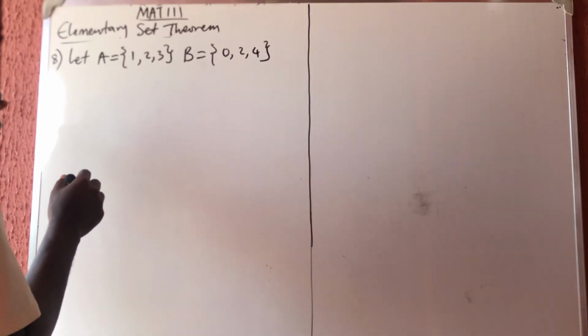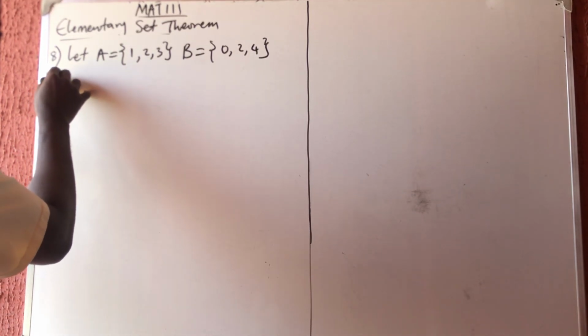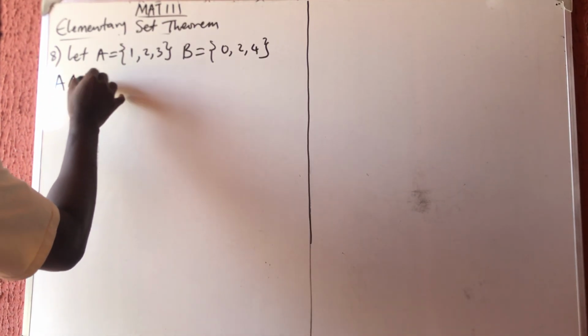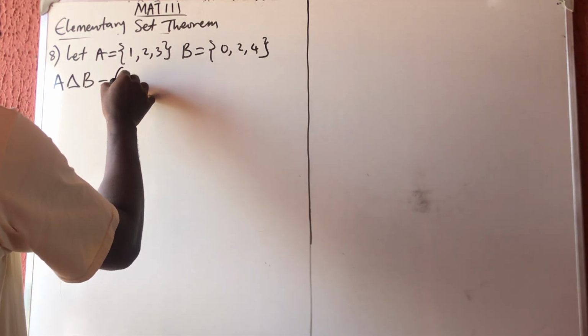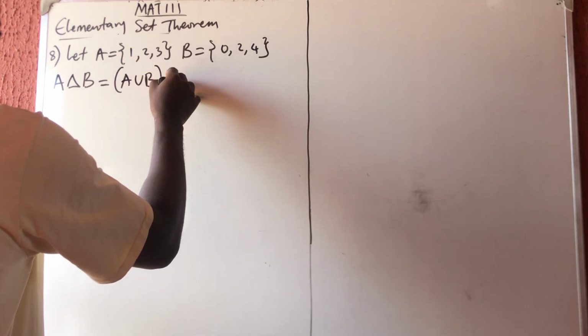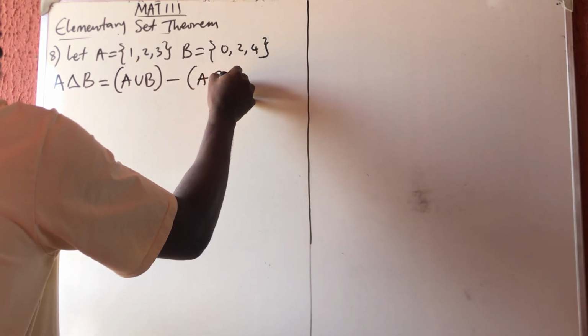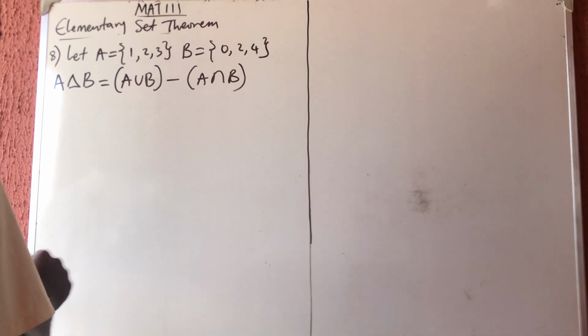Then list the elements of A symmetric B. We want to find A symmetric B, the same thing we did before. You can either find it by saying A union B minus A intersection B, or you say the uncommon elements.